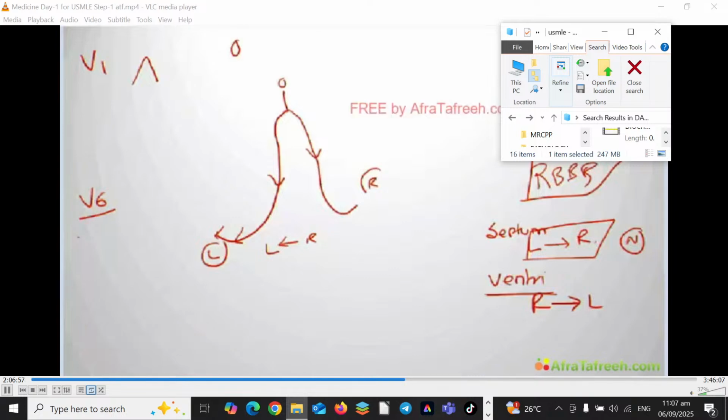It is right to left when the septum goes. That is because the right is a smaller branch and the ventricle requires less time to depolarize. But if there is a right bundle branch block, that means this block is here.